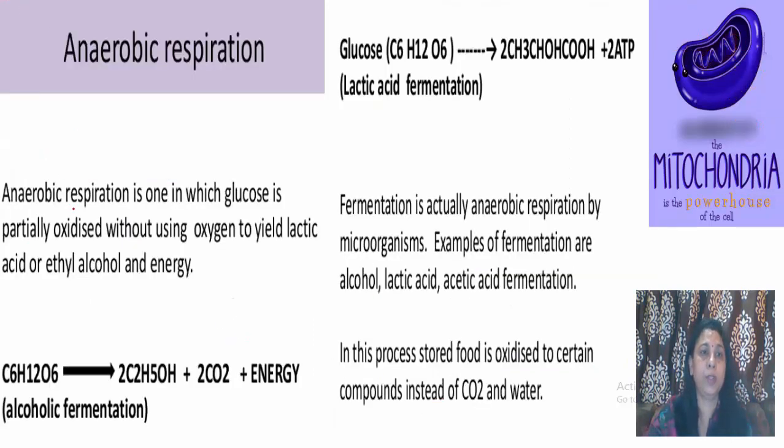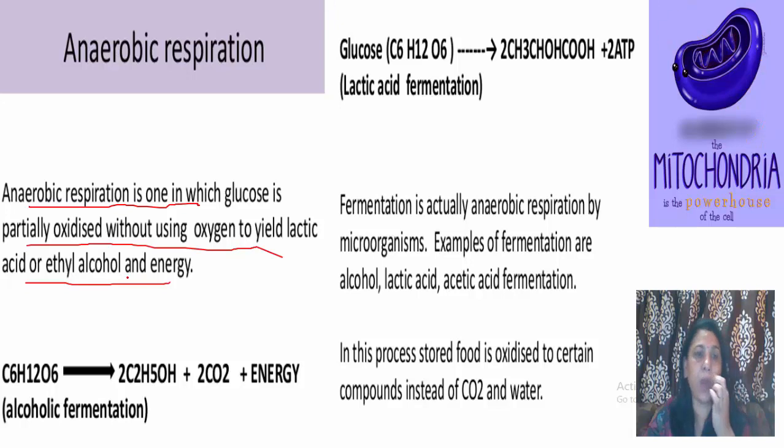Now, anaerobic respiration. As we have already studied, anaerobic respiration is one in which glucose is partially oxidized without using oxygen to yield lactic acid or ethyl alcohol and energy. If it is alcoholic fermentation, then glucose changes into ethyl alcohol, carbon dioxide plus energy.